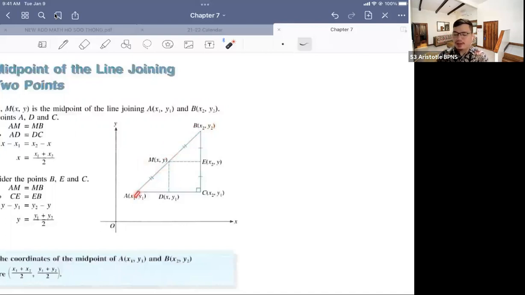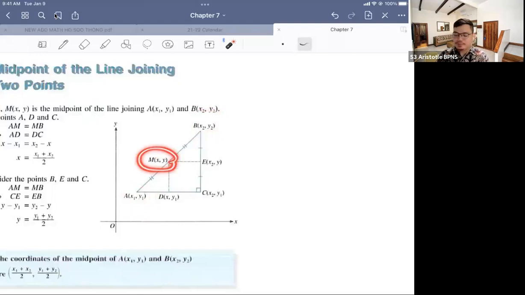Now, how do we solve for this? If we're given 2 points, let's say point A and point B, how do we determine the location of the midpoint? Because we're talking about coordinates here, right? Maybe in some instances, you can measure them or count the units. But most times, you need to apply the formula for getting the midpoint.